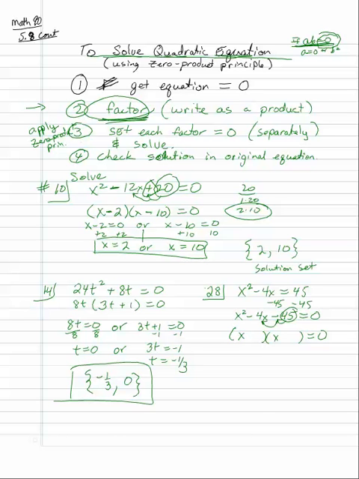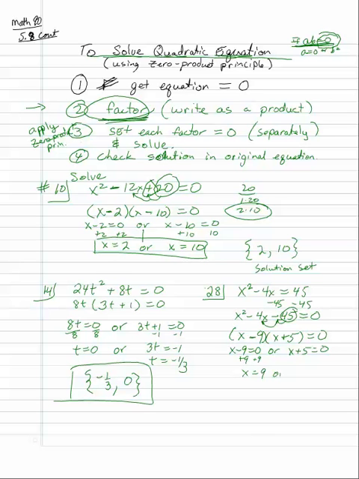So let's see, that would be 9 and 5. Bigger one's negative. Signs are opposites. And we go x minus 9 equals 0, or x plus 5 equals 0. That's step 3. You split it up and set each factor equal to 0. Now you're going to solve each of those separately.